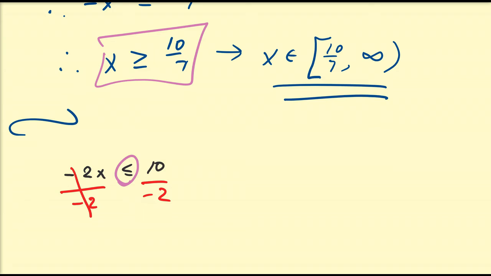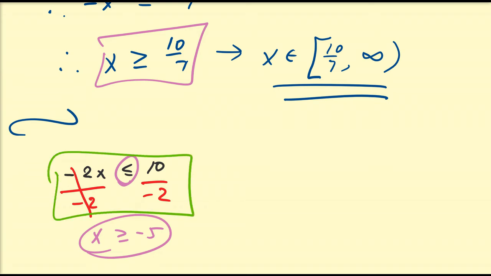Because when I divide both sides by negative 2, that sign should change simultaneously when I do that. So technically this is right, because the next thing you'll write is x is greater than or equal to negative 5. This is right, but the statement that is written here is actually wrong.